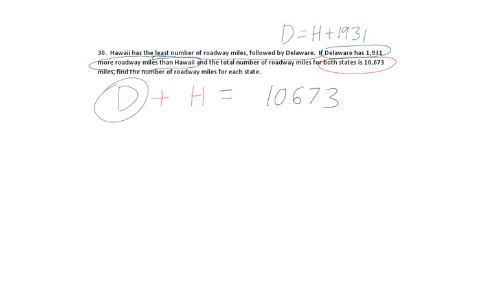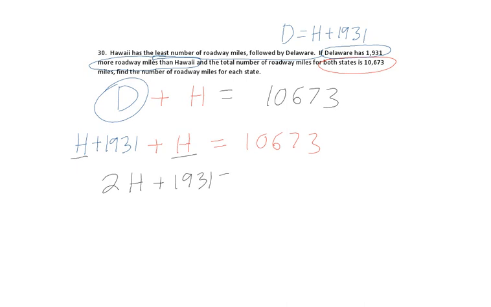So I can change this D into H plus 1,931. Then everything else, bring it down. Okay, well, I see H and H here, so that adds up to 2H plus 1931 equals 10,673.